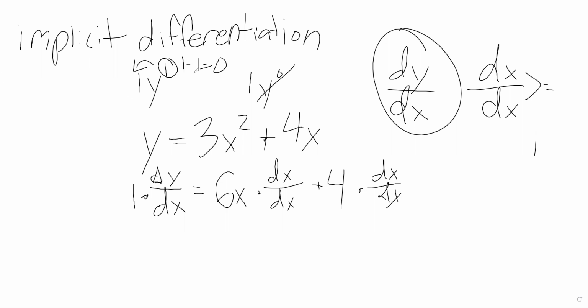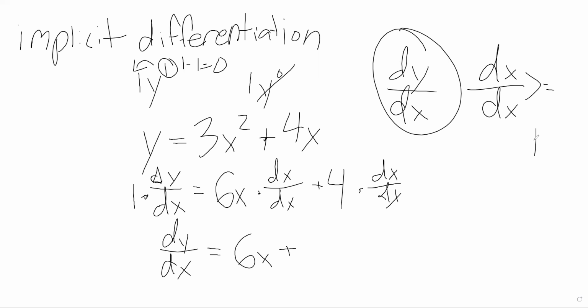Now that we have that, we're going to do a little cleanup step and simplify the expressions. We have 1 times dy over dx, so that's obviously just dy over dx, equals 6x times dx over dx. But remember, since you have the same thing on the top and the bottom, that's just equal to 1. So that's 6x times 1, which is just 6x. We do the same thing for 4 times dx over dx.